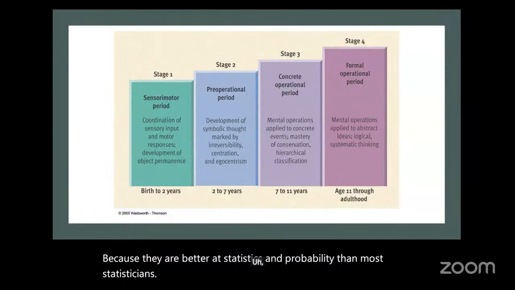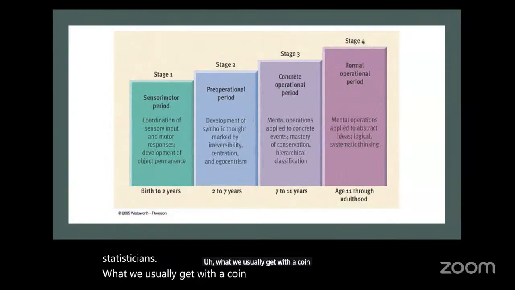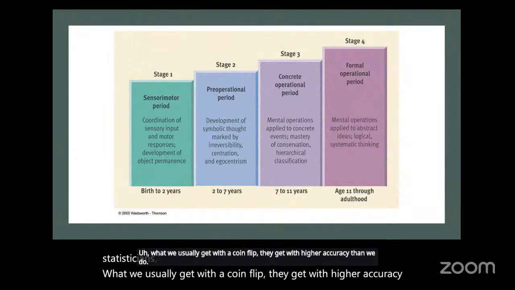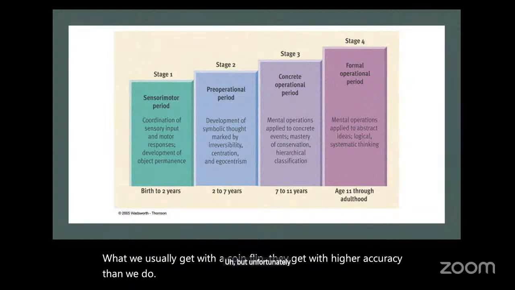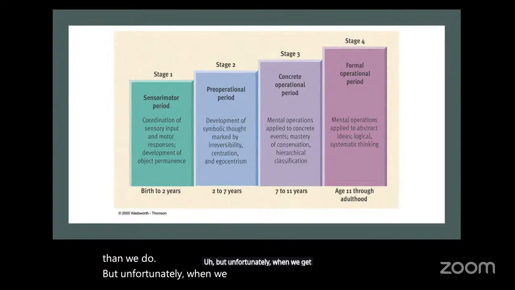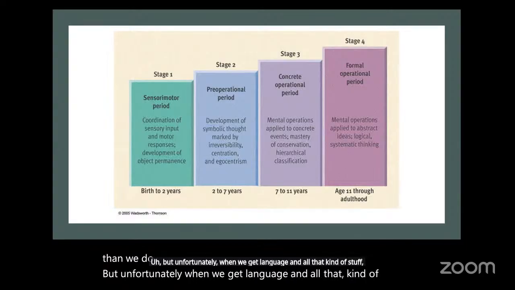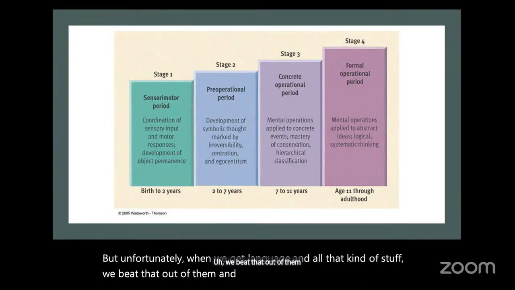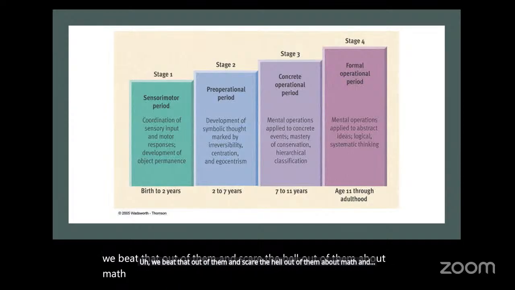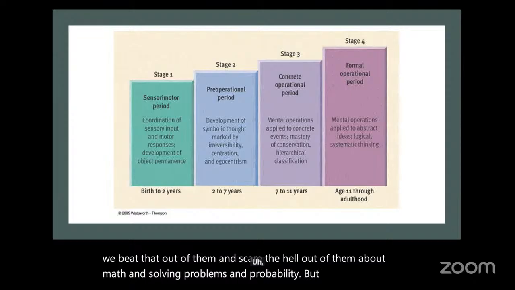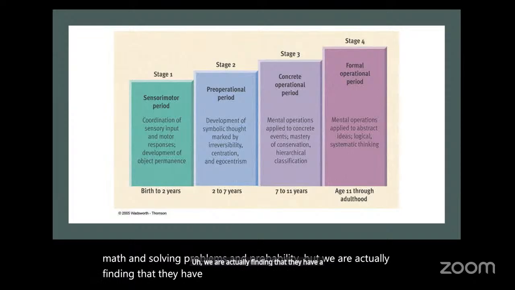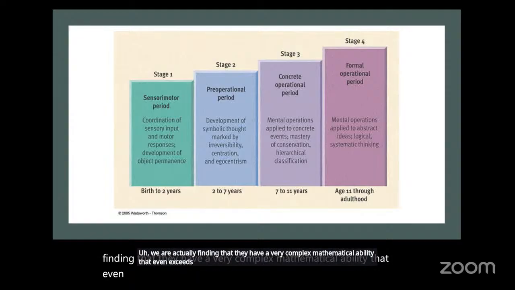What we usually get with a coin flip, they get with higher accuracy than we do. But unfortunately, when we get language and all that kind of stuff, we beat that out of them and scare them about math and solving problems and probability. But we are actually finding that they have a very complex mathematical ability that even exceeds some grown adults.